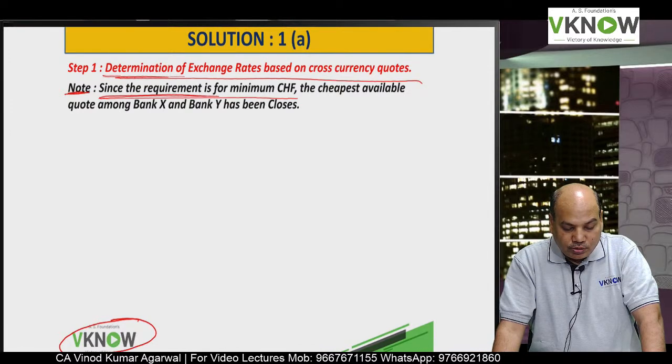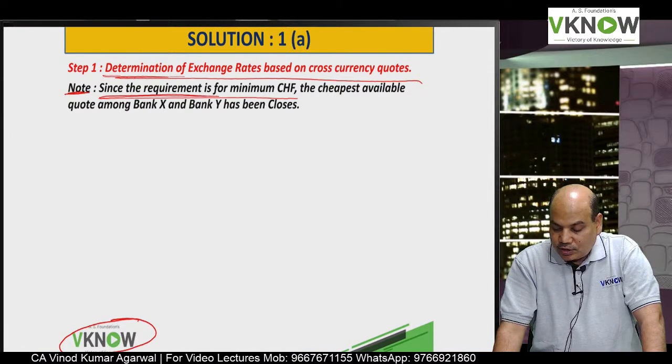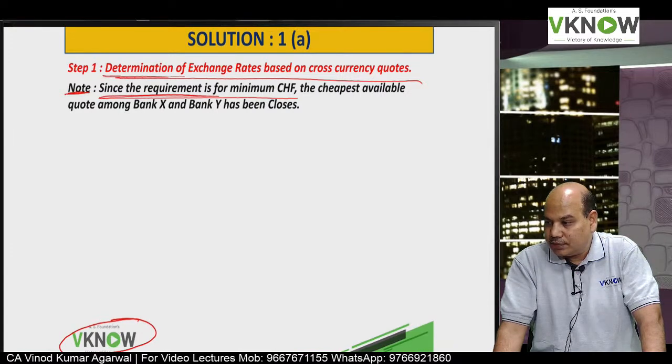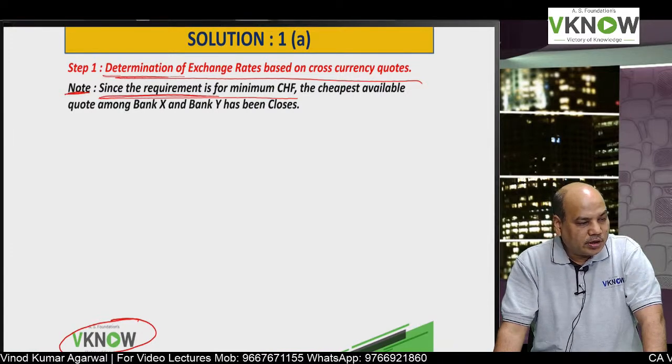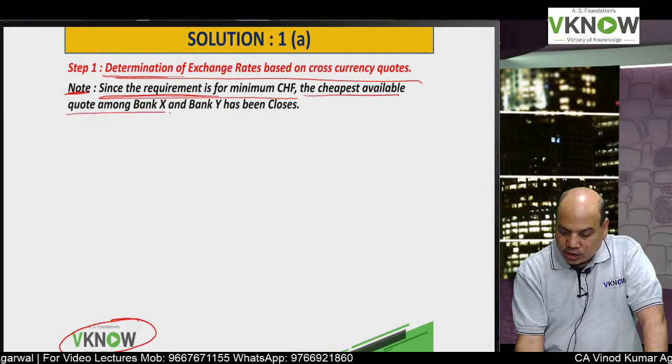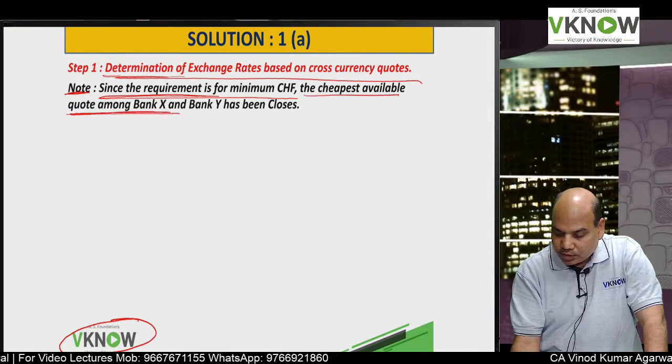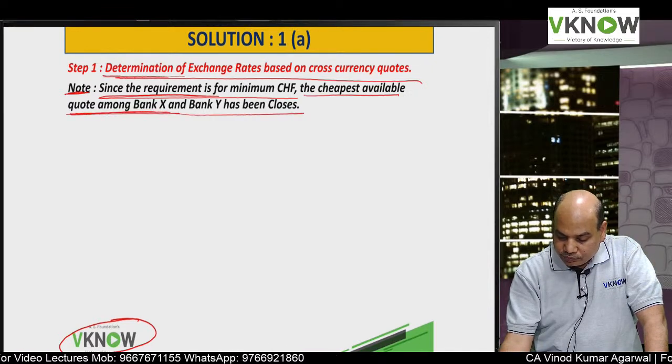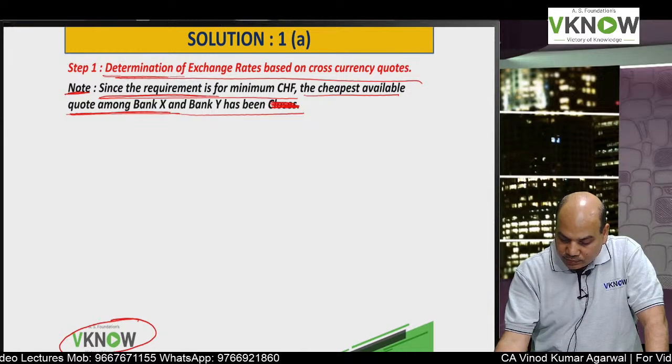I'll explain it to you one by one. Since the requirement is for minimum CHF, the cheapest available quote among bank X and bank Y has been chosen.